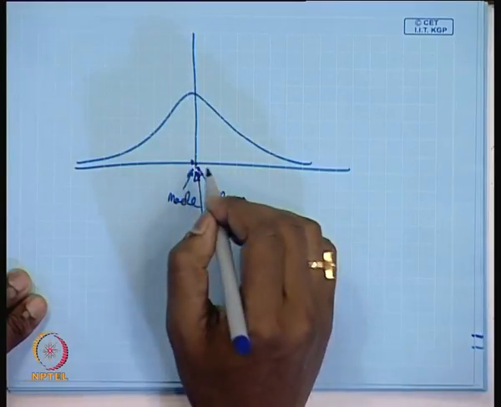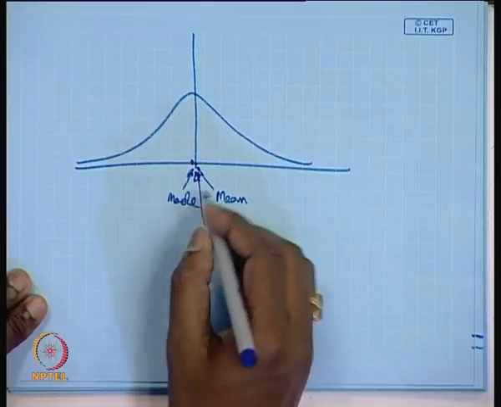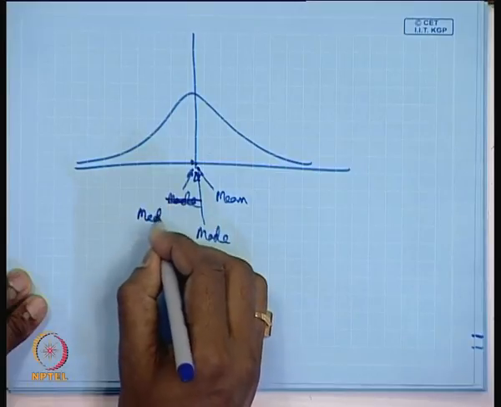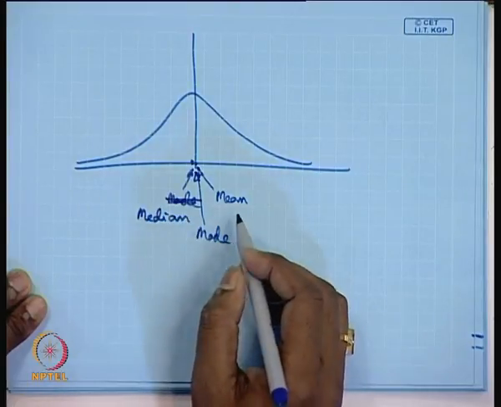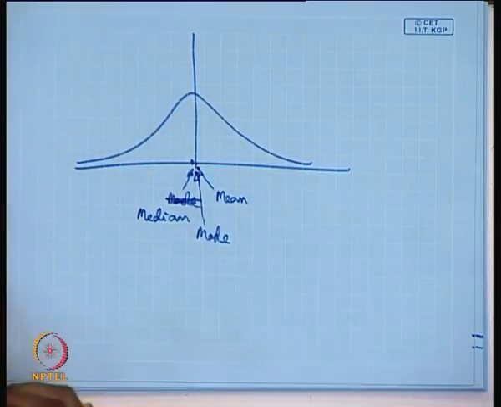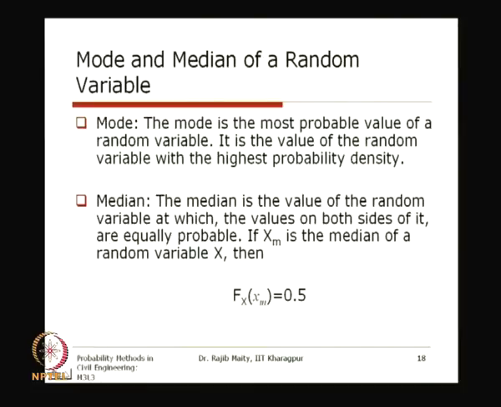So for the normal distribution, the mean, mode and median are the same point, where 50% of the probability is covered, which is called the median. This symmetric distribution is the normal distribution.